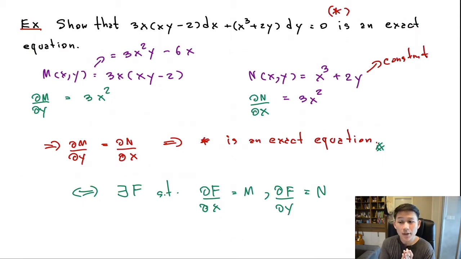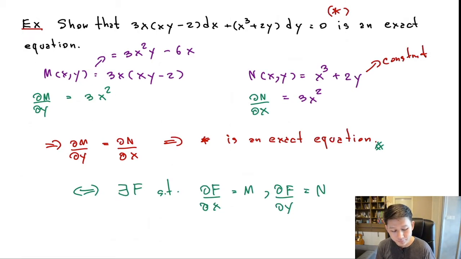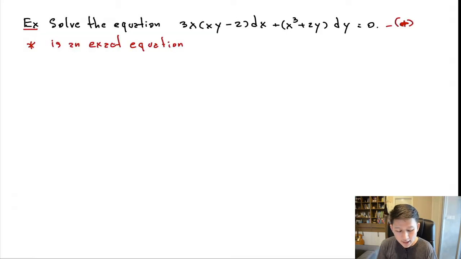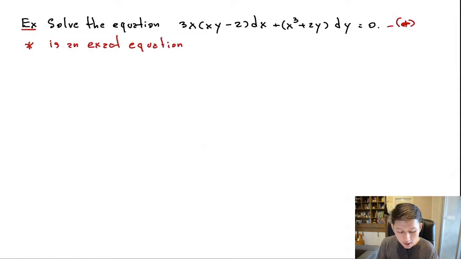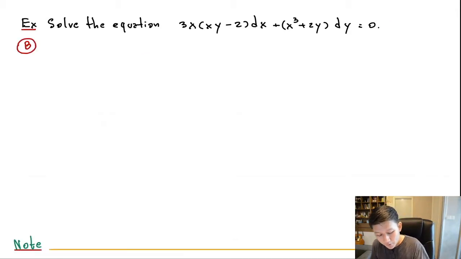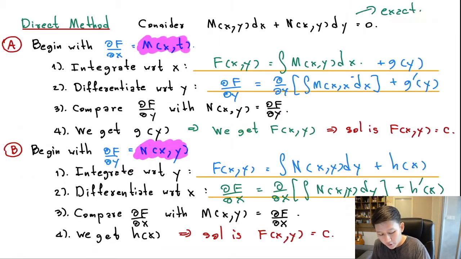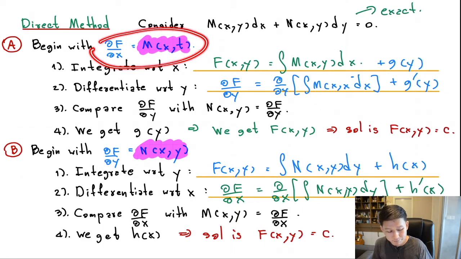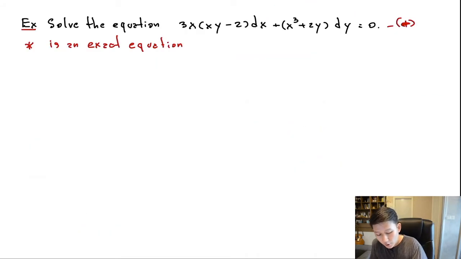But in an exam, if you haven't proved it yet, you need to show first that it's an exact equation by showing that dM/dy = dN/dx. But right now we know that it's an exact equation. So I'm going to begin with choice A, which is df/dx = M.